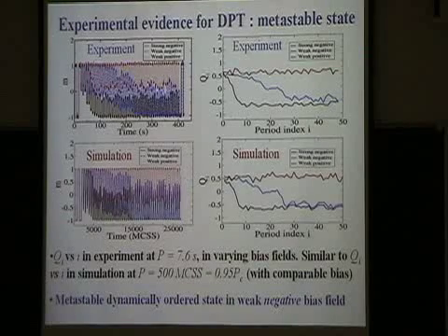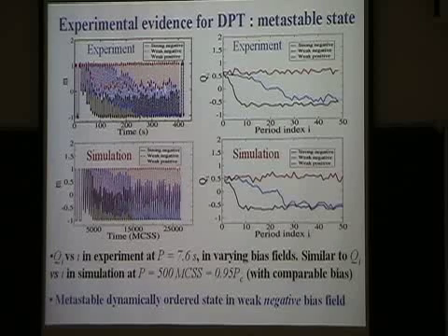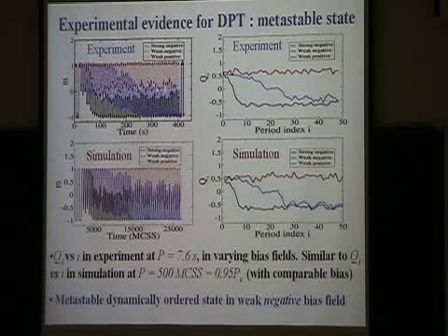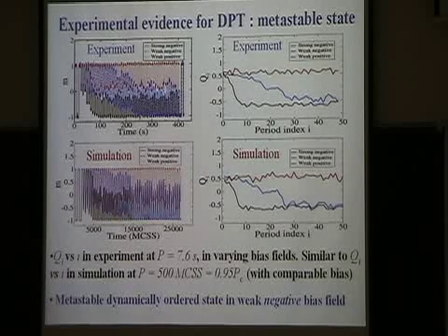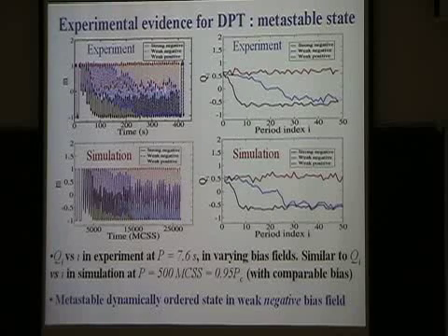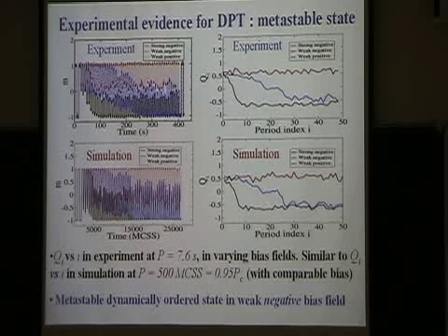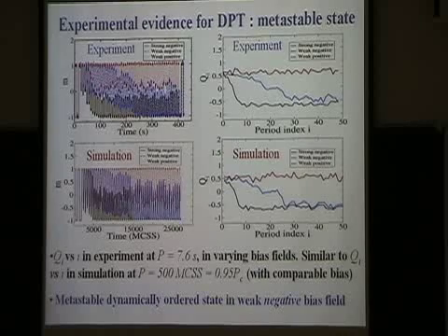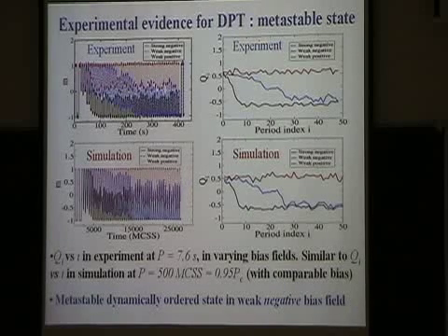Now, there's an experimental problem here. In the simulations, it's very easy to set the field equal to 0. And of course we know for the equilibrium Ising model, if you apply a field, you destroy the transition. Experimentally, we can't really get the field completely to 0.